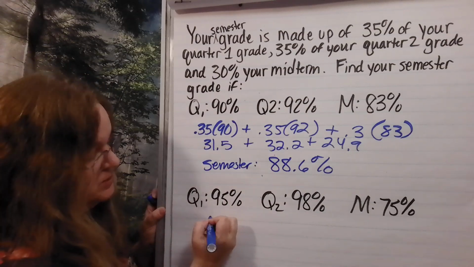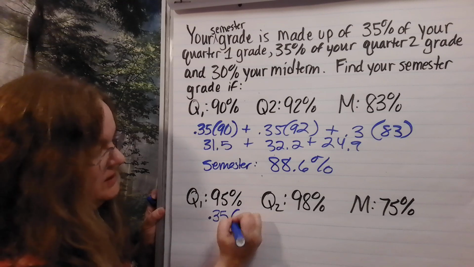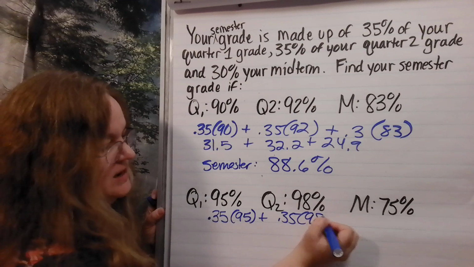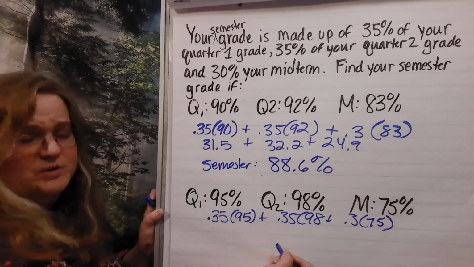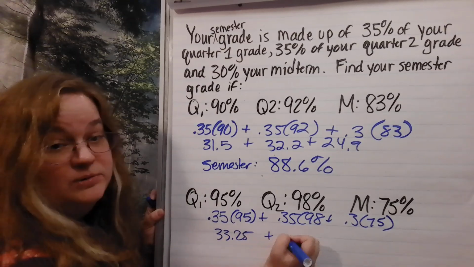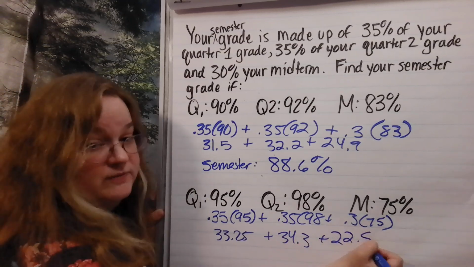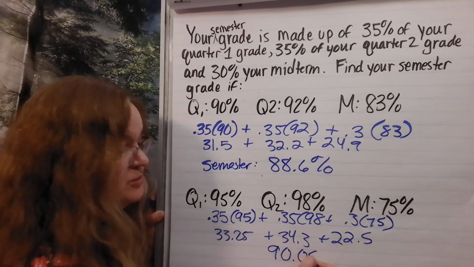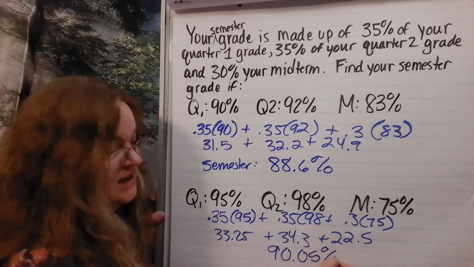So the weight is per 100, so 0.35, because 35% as a decimal is 0.35, times 95, plus 0.35 times 98, plus 0.30 times 75. When I multiply these out, I end up with 33.25 plus 34.3 plus 22.5. And when I add all those up, I end up with 90.05. Barely, but yes, still have an A.